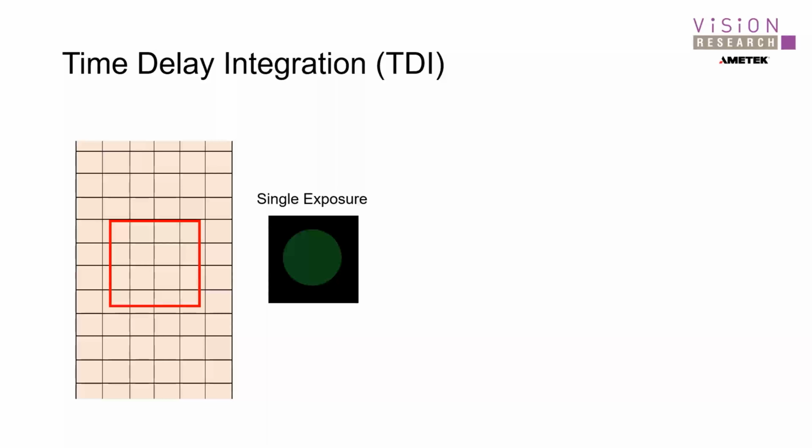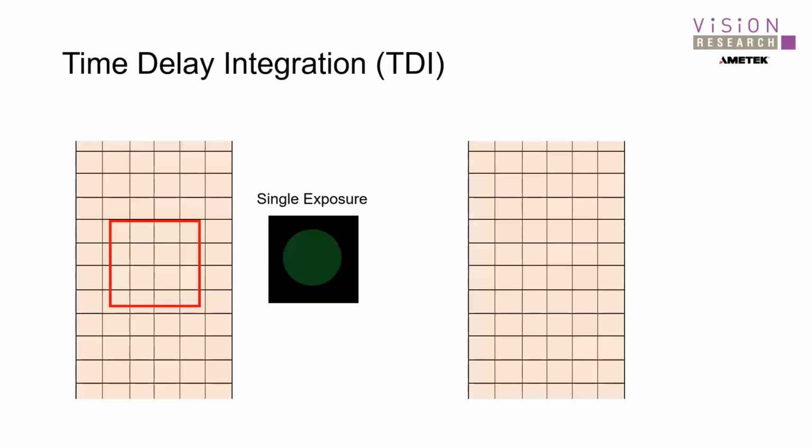Now, what clever sensor engineers have done is come up with this idea of TDI, or time delay integration, where as this cell flows across, they delay the integration time across the sensor. So you have the cell here, the image data flows off, and then you have the image here, flows off, and so on.